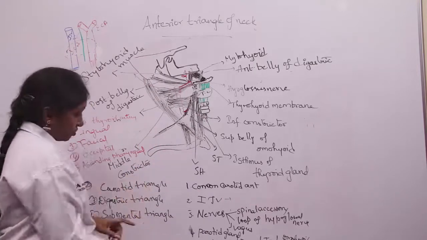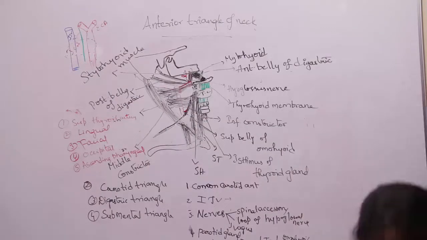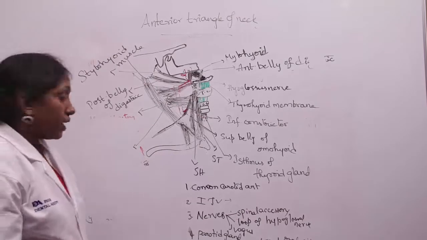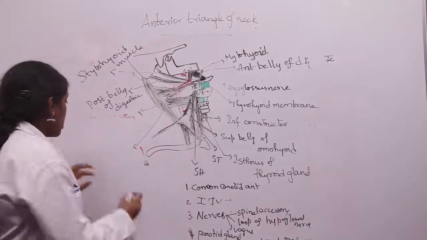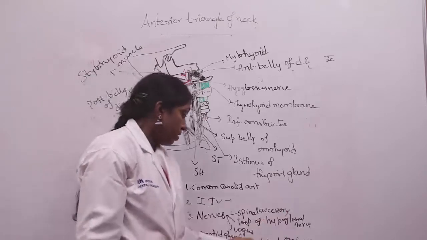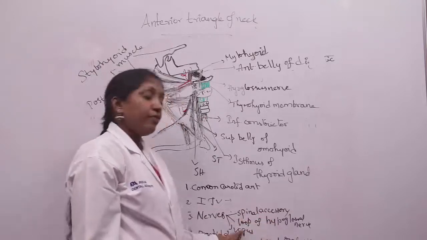And coming to the nerves of the carotid triangle. The nerves are a part of spinal accessory nerve, loop of hypoglossal nerve and vagus nerve.